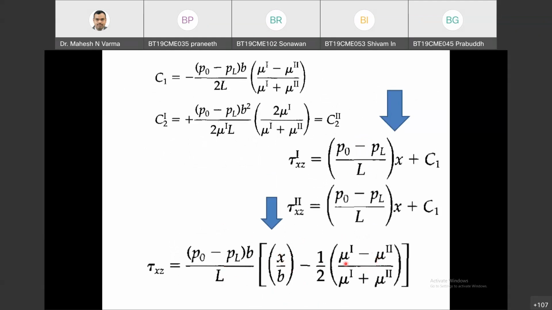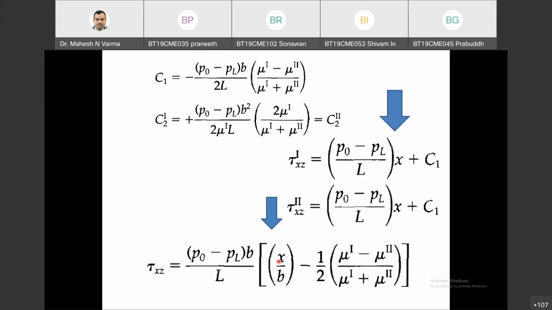So given all these mu1 and mu2 and delta p, and the dimensions of the slit, width and length of the slit, you can estimate tau xz at x equals b. Multiplied by which surface area?